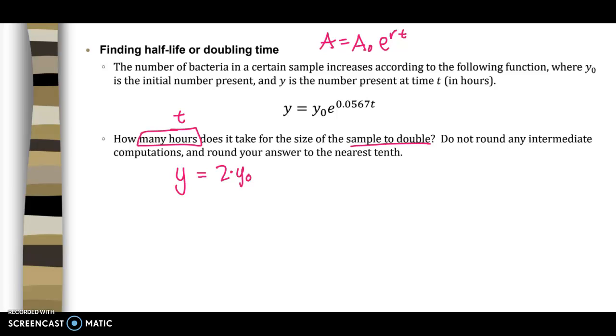So that means I can plug my y straight into this equation. So I get 2y0 equals y0 times e to the 0.0567t. You can see now it's very similar to the other one, but instead of 1/2 we have 2. So let's divide by y0. So I get 2 equals e to the 0.0567t.